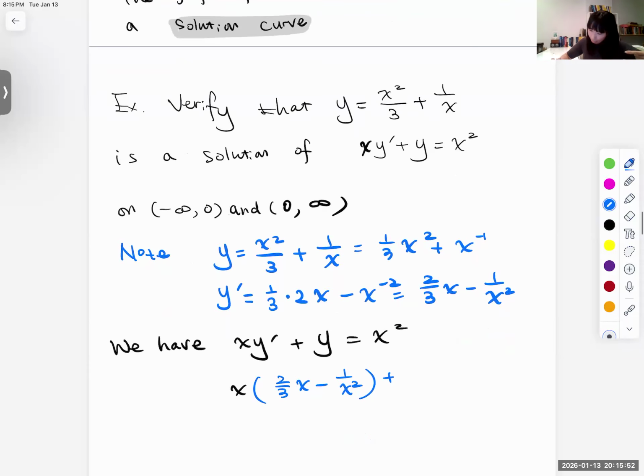What's y? Y is x squared over 3 plus 1 over x. We want to check whether this is x squared, so we plug in y prime and y.